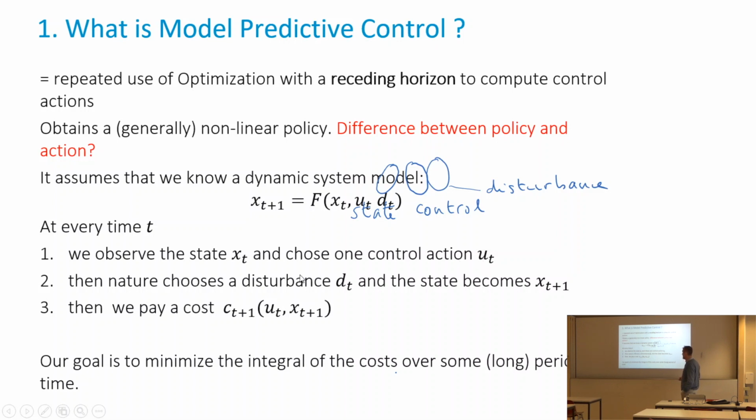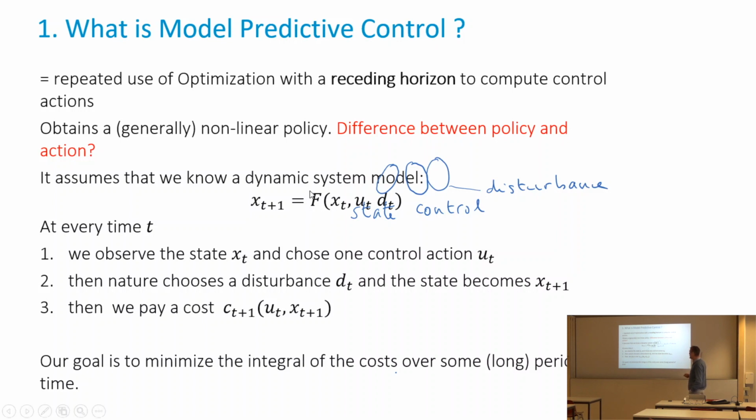Then nature chooses a disturbance, and the state becomes x_{t+1}, given by this function. So the function f is assumed to be known. That's how we call modeling the plant, when the plant is in the context of when you're controlling a factory or a chemical reactor or a car, an autonomous car, or a smart grid.